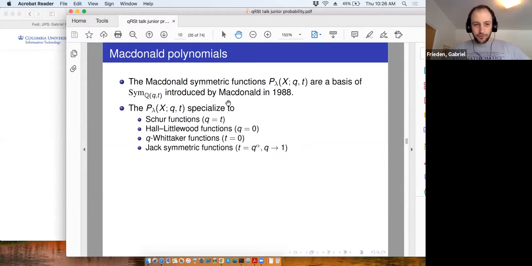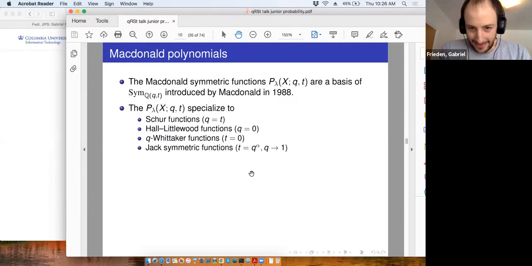One of the reasons why people like Macdonald polynomials is because they specialize to lots of other families of symmetric functions. If I set q and t equal to each other, I get back the Schur functions. If I set q equals 0, I get the Hall-Littlewood functions. If I set t equals 0, I get the q-Whittaker functions. And I can also get the Jack symmetric functions by setting t equals q to the alpha, and then sending q to 1.